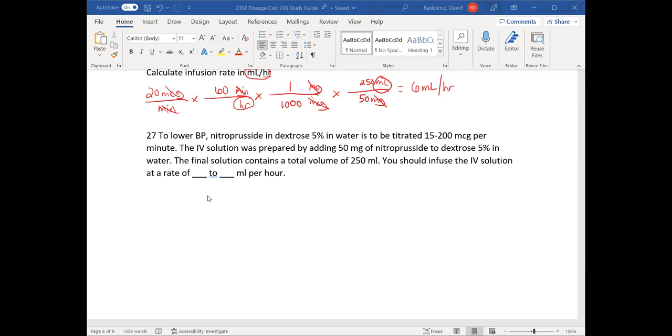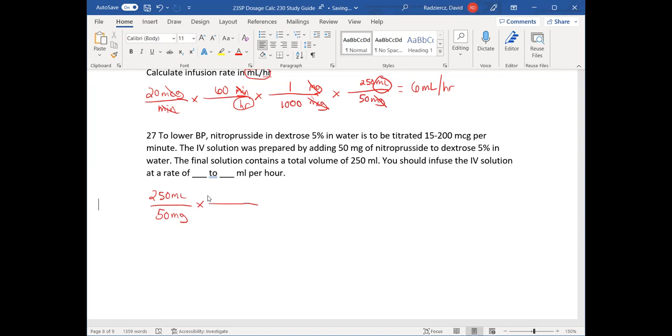So if I'm starting with mLs, and we're doing that because we know we're looking for milliliters per hour, I'm going to take my 250 mLs over the 50 milligrams. My next conversion factor is going to be incorporating the micrograms per minute.